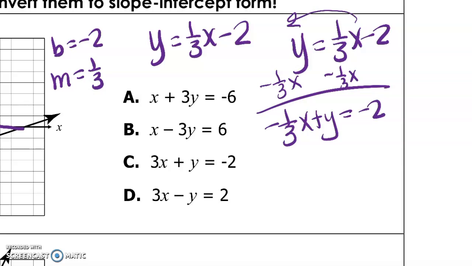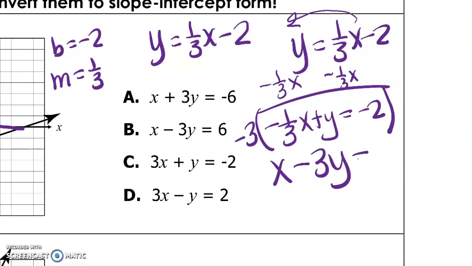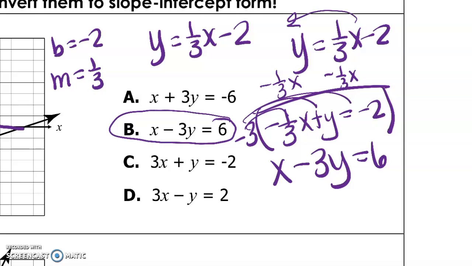Your x term in standard form can never be negative, and it also can never be a fraction, so you need to multiply by negative 3 to make that go away. So then we would have x minus 3y equals 6. So you have to distribute that to everything. So your correct answer for that one is B.